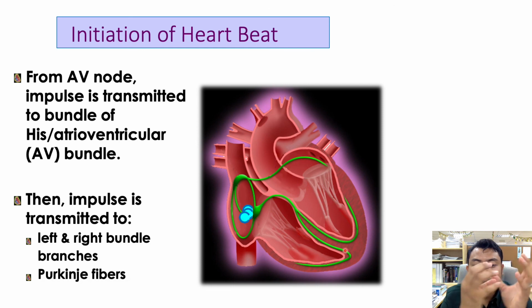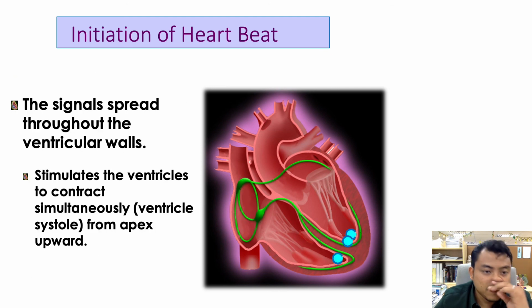Kalau dia kecut pada atas ke bawah ni, habis darah tu akan deep pressure tu tekan ke sini dan bocor, meletup dah bahagian sini kan. So that's why dia kena contract pada bawah ke atas untuk push the blood upwards macam ni. Okay. The signals will spread throughout the ventricular walls, stimulates the ventricle to contract simultaneously, juga serentak. Okay, ventricular systole from apex daripada bawah upwards.